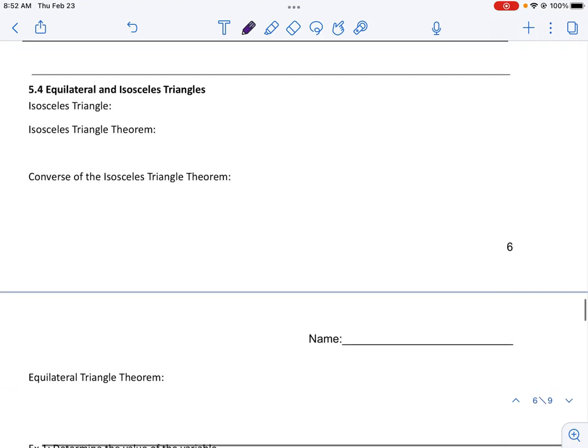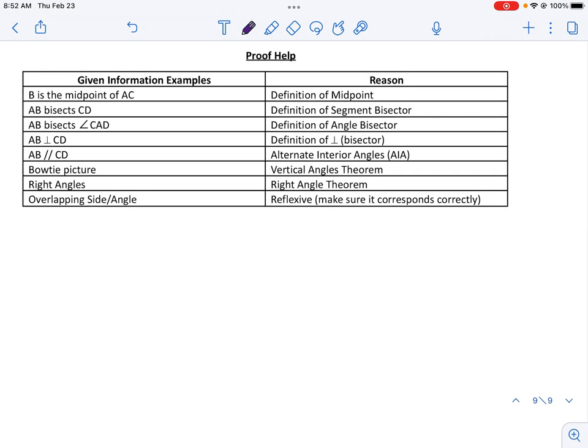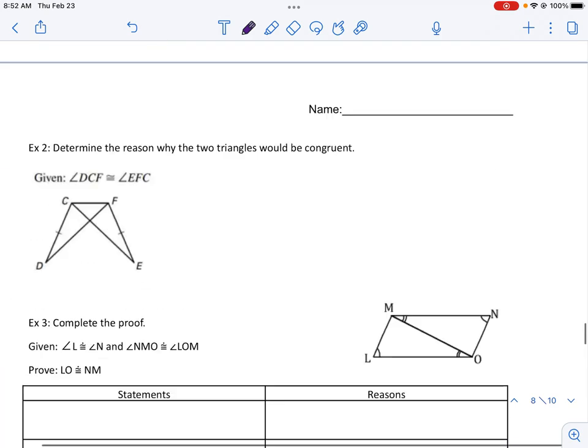Going back, I'm sorry, kind of Blair Witch Project scrolling here. In our given information, did we have anything that talked about a midpoint? No. We had nothing that said bisects, so skip over the first next two. We had nothing that said perpendicular, no parallel lines, but we did have a bow tie picture. So we're going to have to use the vertical angles theorem.